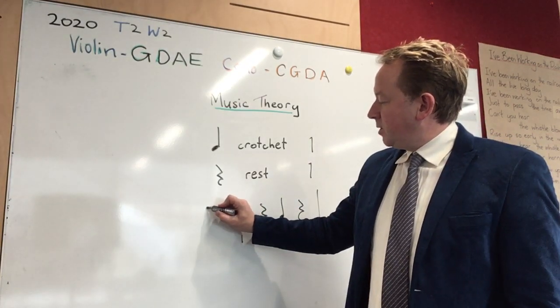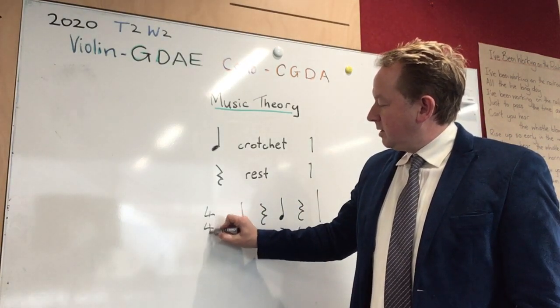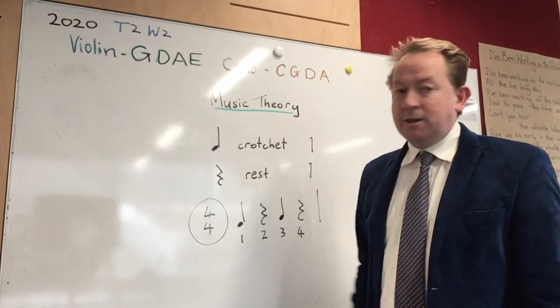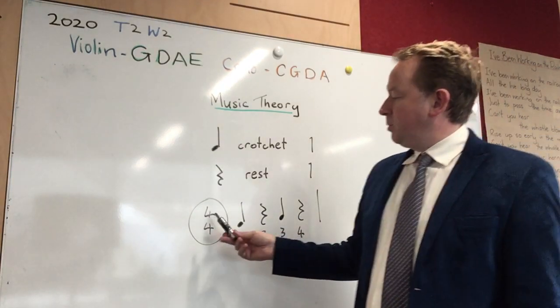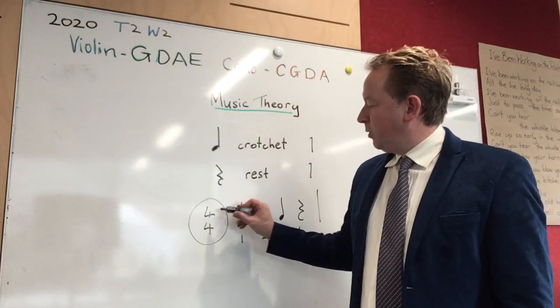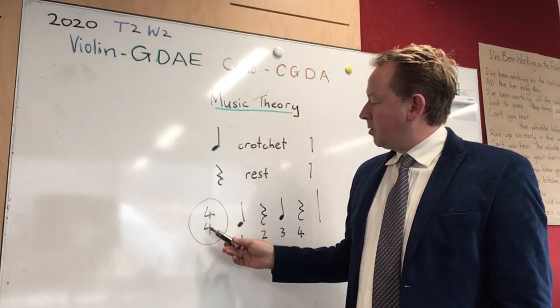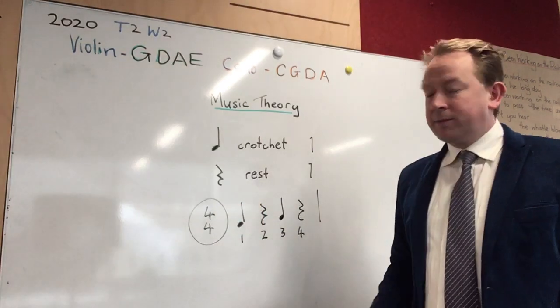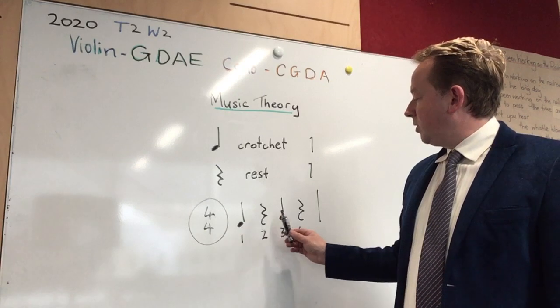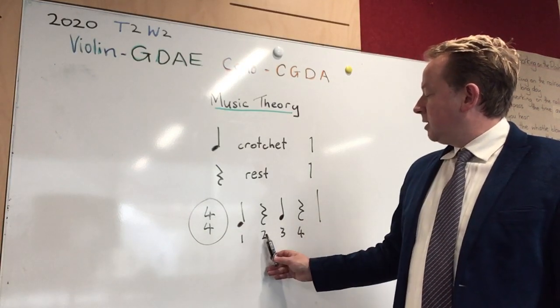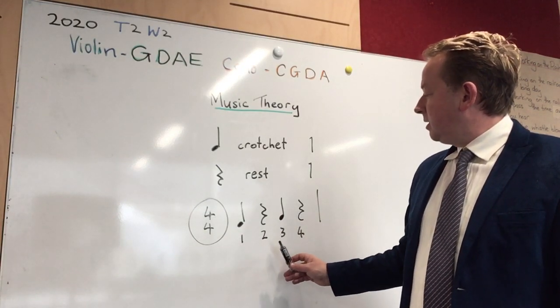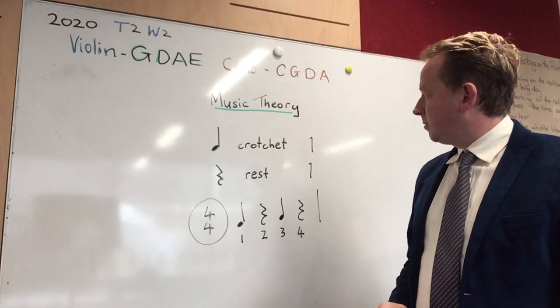And for those boys that know, this is called a time signature, and it tells the musician that there's 4 crotchets in the bar. 1, 2, 3, 4. Beat 2's a rest, and beat 4's a rest.